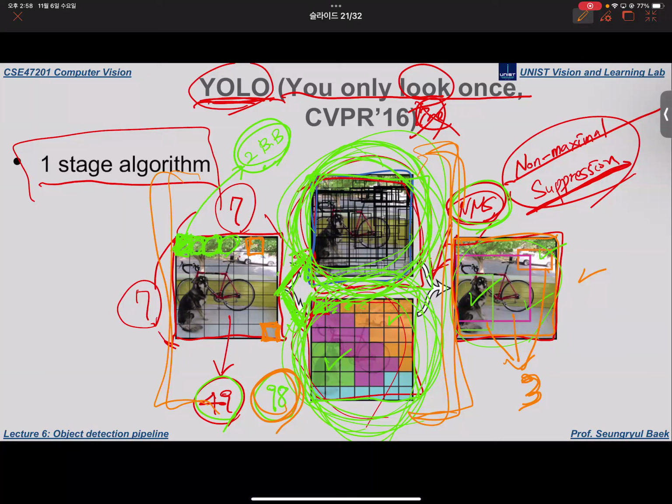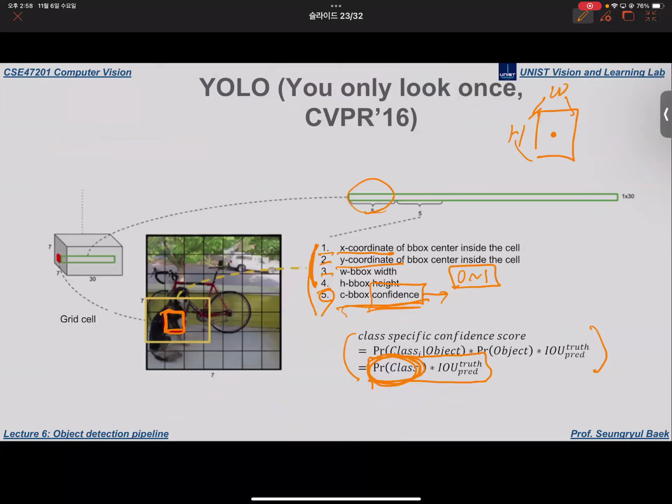They don't have any foreground object, such as car, bicycle, or dog. Are you guys agree with this? These P are the probability for class. Maybe for this grid it would be 1, and for this grid this value would be 0.